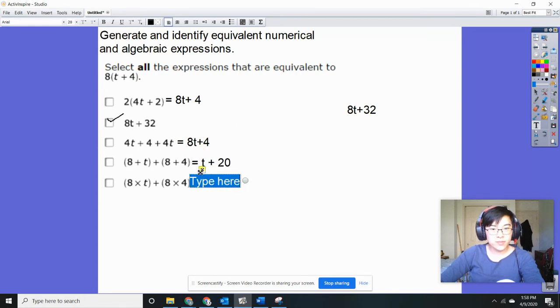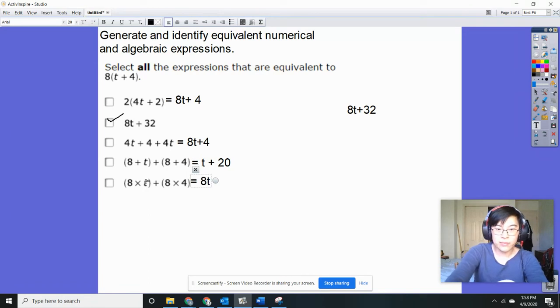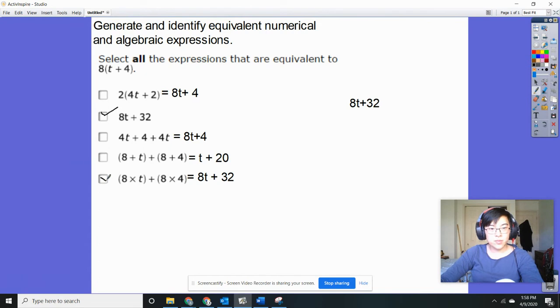And this one, let's check this one. 8t, this is equal to 8t plus 32. There we go. So let's keep that one and put a check mark on it. Okay, so it's this one and this one.